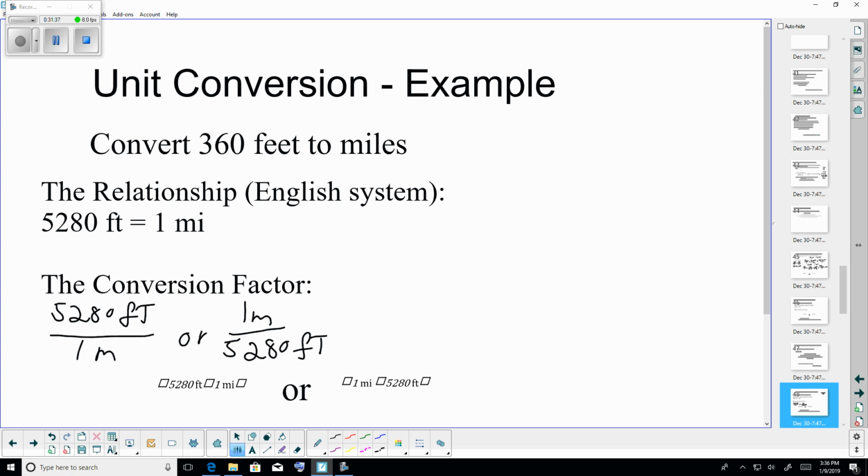Again, start with what we know in the problem, 360 feet. What we want to end up with is how many miles that is. So I'm going to multiply that with a conversion factor which has miles on the top, feet on the bottom. Looking at our units, the 1 goes up here, 5,280.